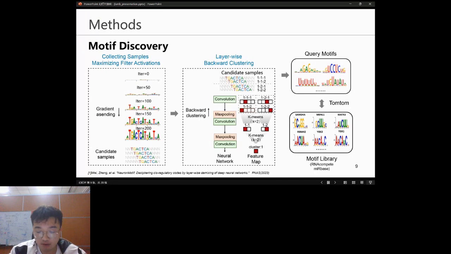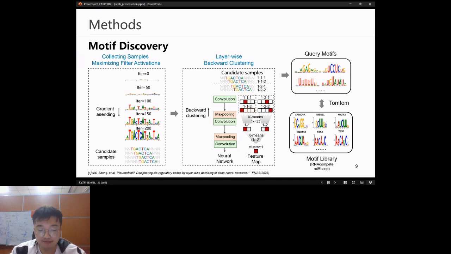In detail, we won't carry out clustering on every intermediate feature map. We only utilize the input feature map of the max pooling layer. The reason why we only perform clustering on the max pooling layer lies in the fact that the max pooling layer contributes to pattern merging.